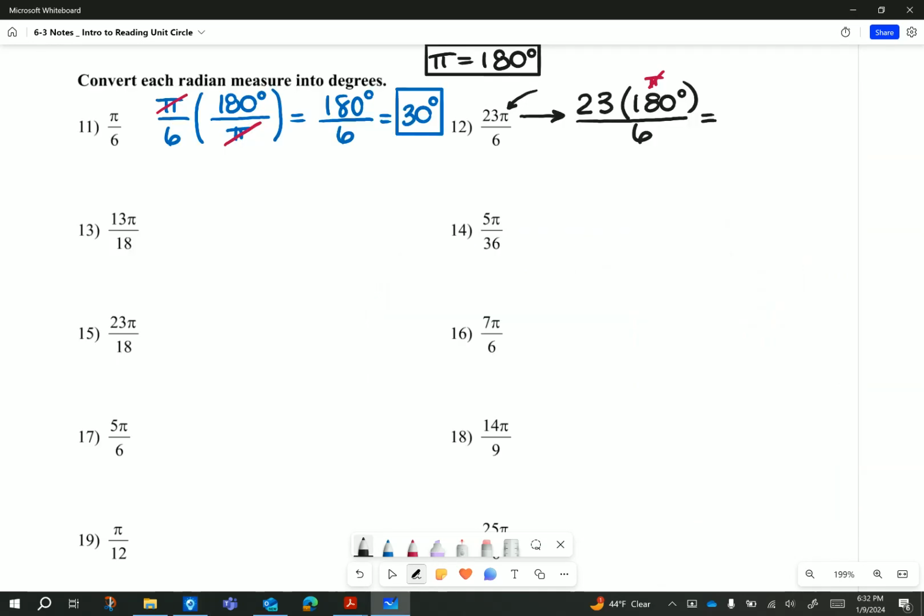So 690 degrees is what 23 pi over 6 is equal to. Okay, so you choose the method you prefer, whether you like the method in problem number 11 or the method of problem number 12. Just be consistent on practicing with the method of choice.